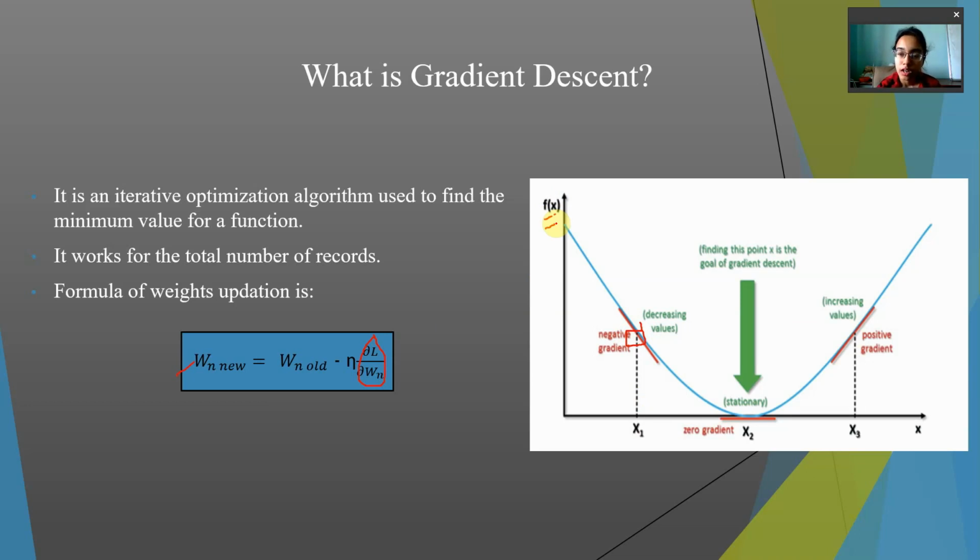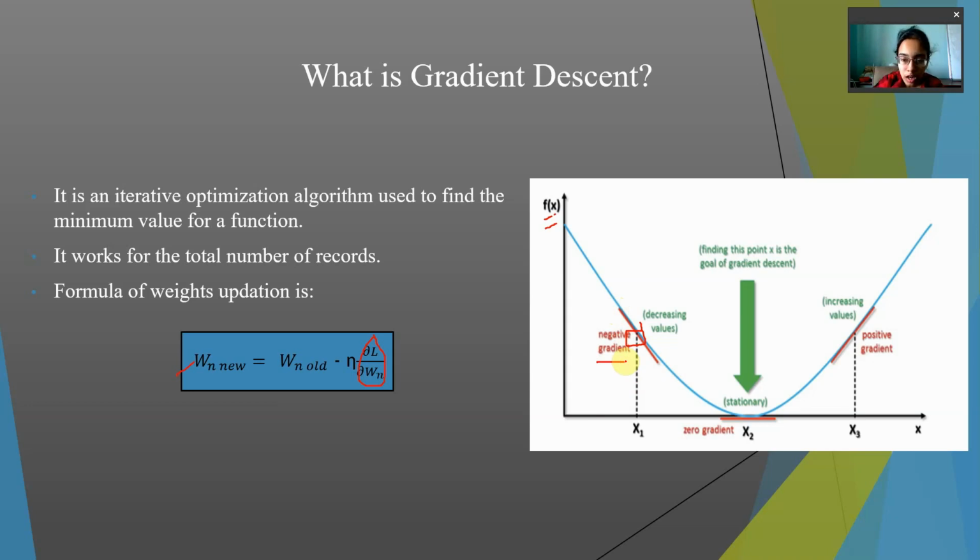After drawing the tangent, we will look at the right side of the line, and if it points downward, then it is the negative gradient, and if it points upward, then it is the positive gradient. So we have drawn a line passing through this point, and we can see that this line is pointing downward, so we can tell that it is the negative gradient.